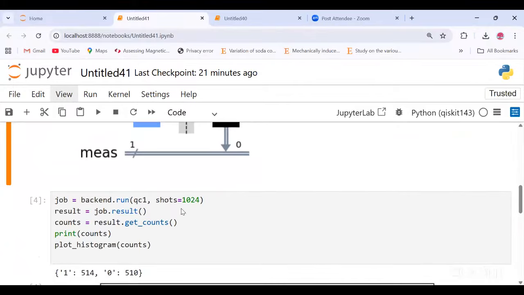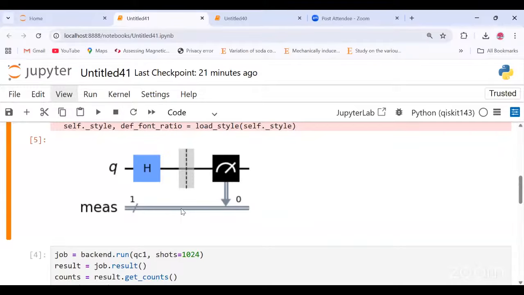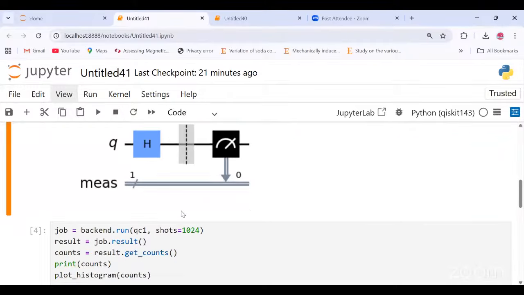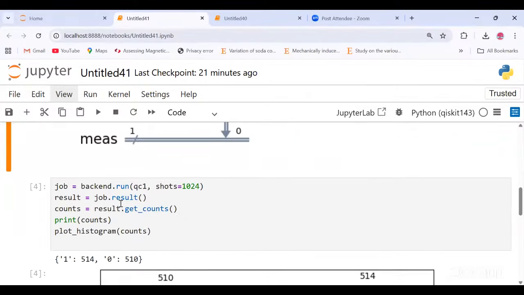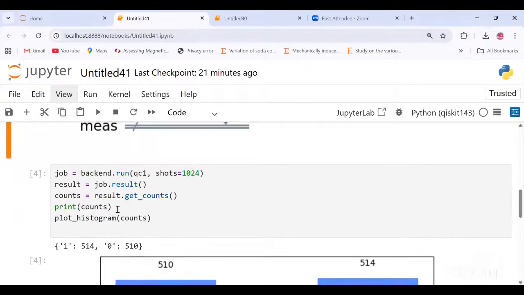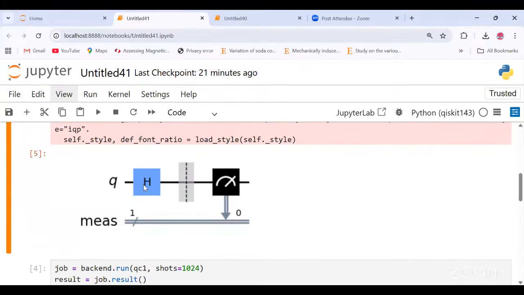Now, what calculations are there to verify this circuit? Here we used the Hadamard gate, right? The Hadamard gate either works in a forward way, taking an input and going to the output, or it may work in reverse, taking output and giving to the input.